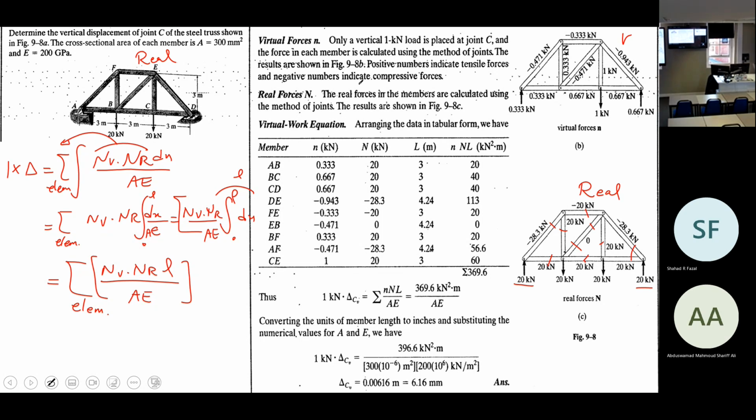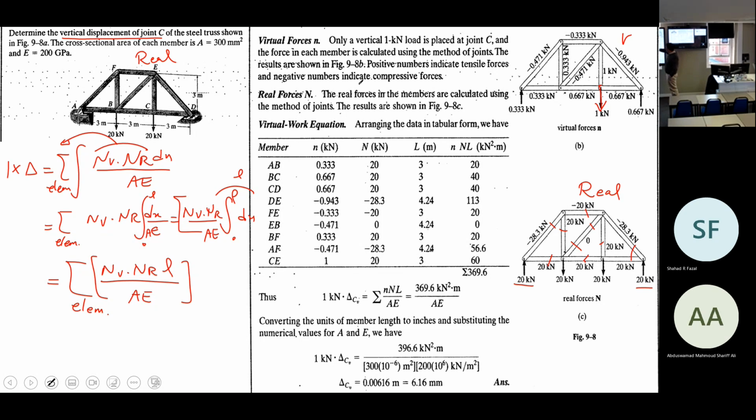So it says the vertical displacement of joint C. Go to your virtual structure and put a vertical force on joint C equal to 1 or 2, whatever you want, along the vertical direction, and solve your virtual structure again against this one.